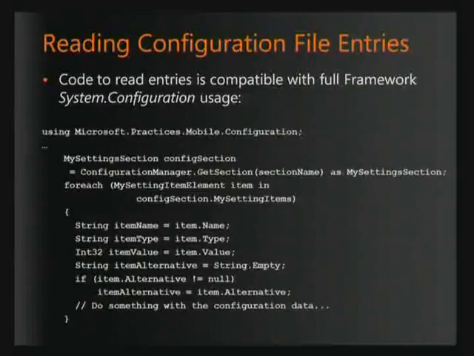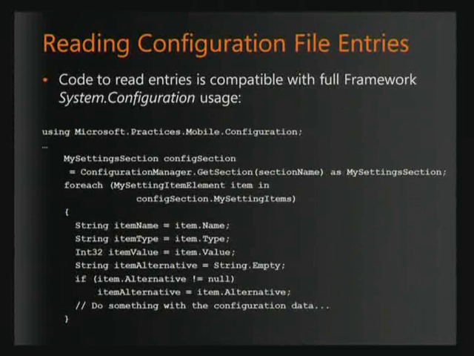So once you've done that, to read it is this kind of code: creating a config section, calling ConfigurationManager to get the section out of your config file, and then enumerating the particular items that are in that config section. So no rocket science here. You've probably all done this on desktop. It's just the same functionality. It's just in the Microsoft.Practices.Mobile.Configuration namespace rather than System.Configuration.